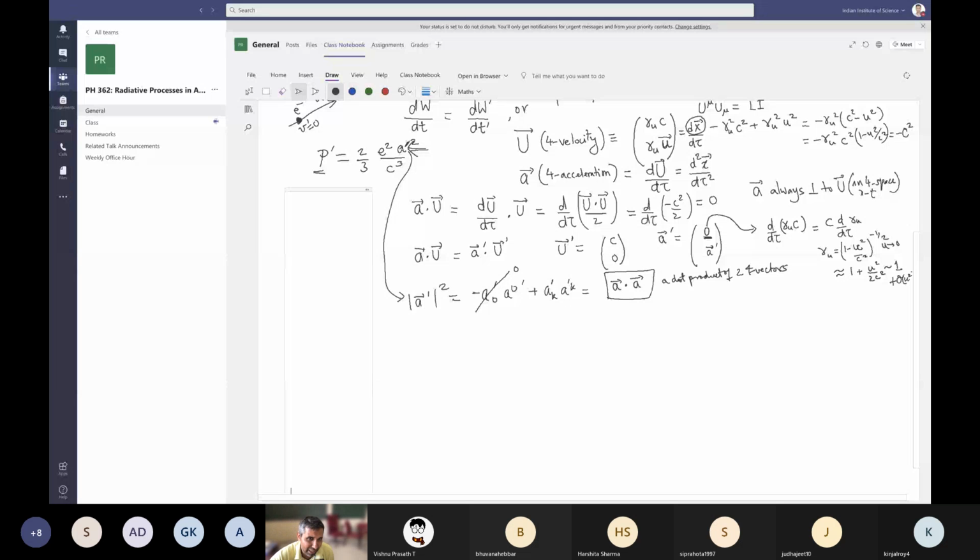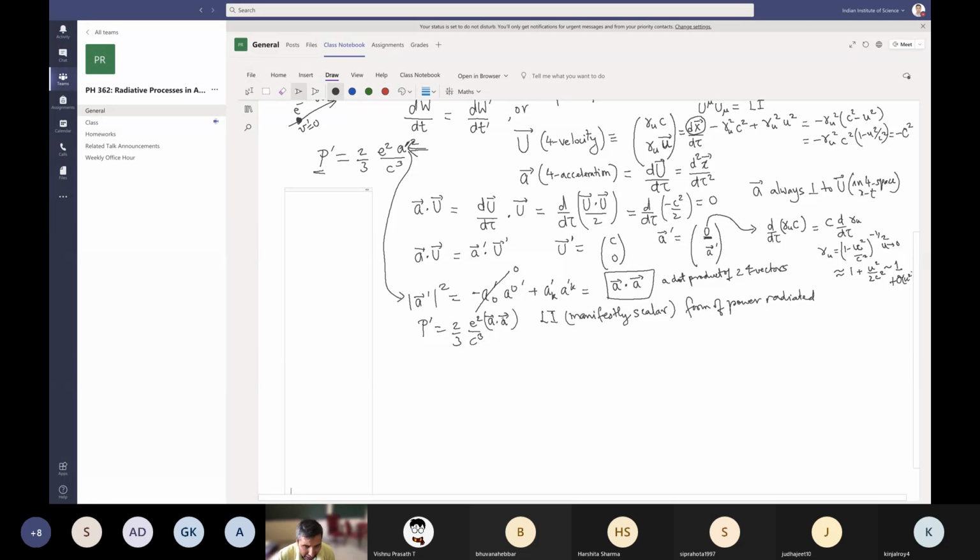If we replace the rest frame acceleration by a dot a, we get 2/3 e squared by c cubed a dot a. So this is the Lorentz invariant, or manifestly scalar, form of power radiated.